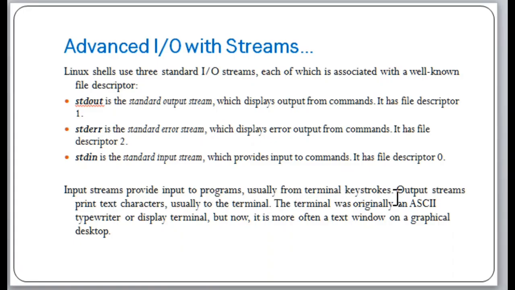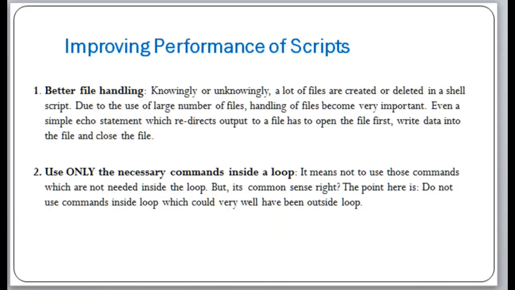The terminal was originally an ASCII typewriter, a display terminal, but now it is more often a text window on a graphical desktop. Guys, we're going to finish out this session by talking about improving performance of scripts.